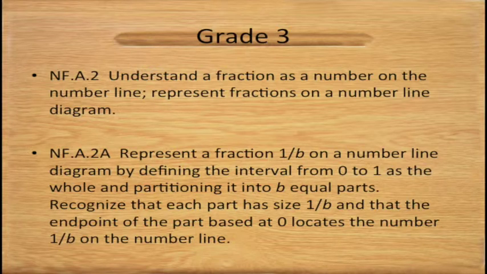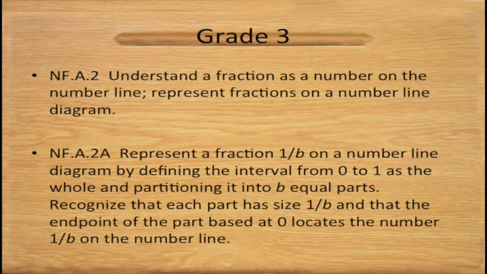So we're showing that it's going to be less than 1. It's equal parts. If I took the equal parts and lined them up, I would get to 1. But now I'm going to show that this fraction is a number between 0 and 1.